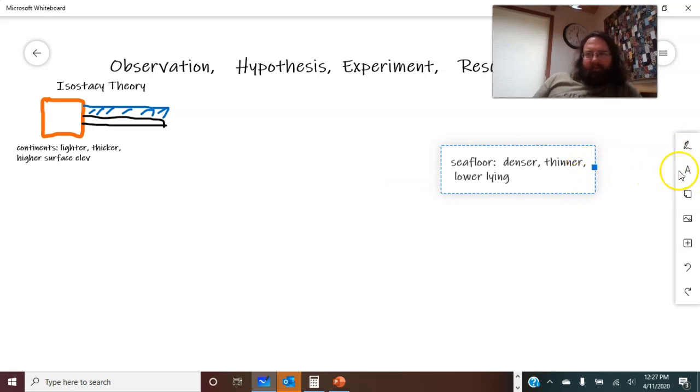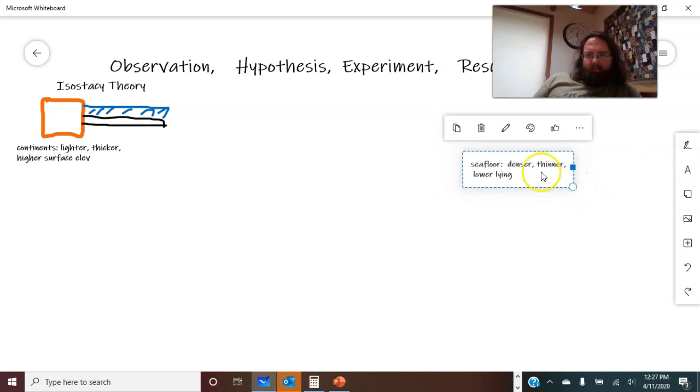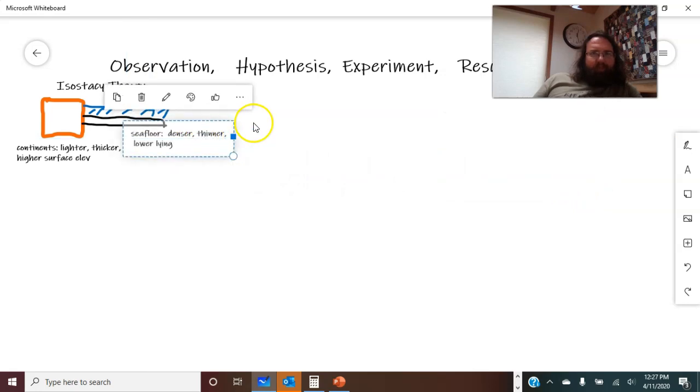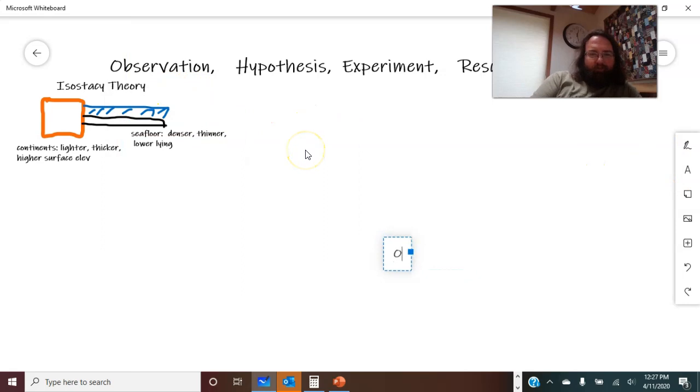And from this, we get the hypothesis that ocean crust and continental crust are formed by a different process.